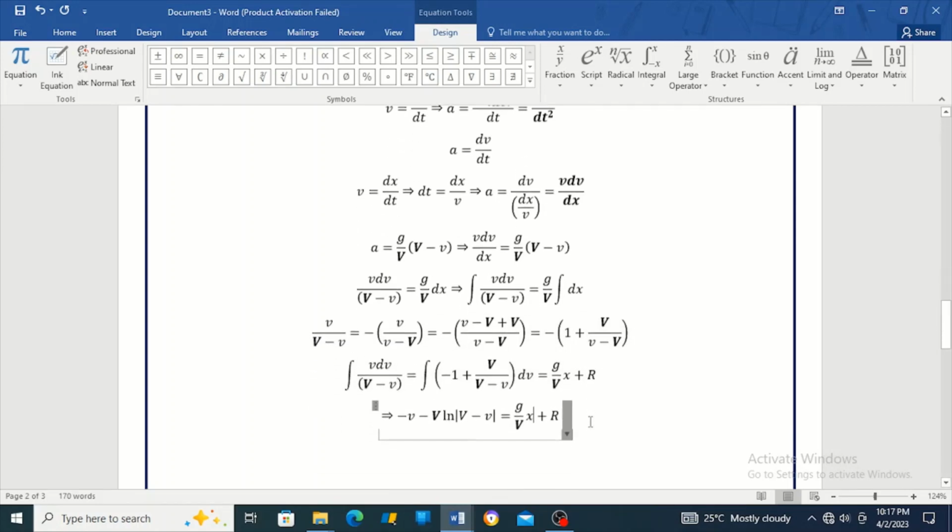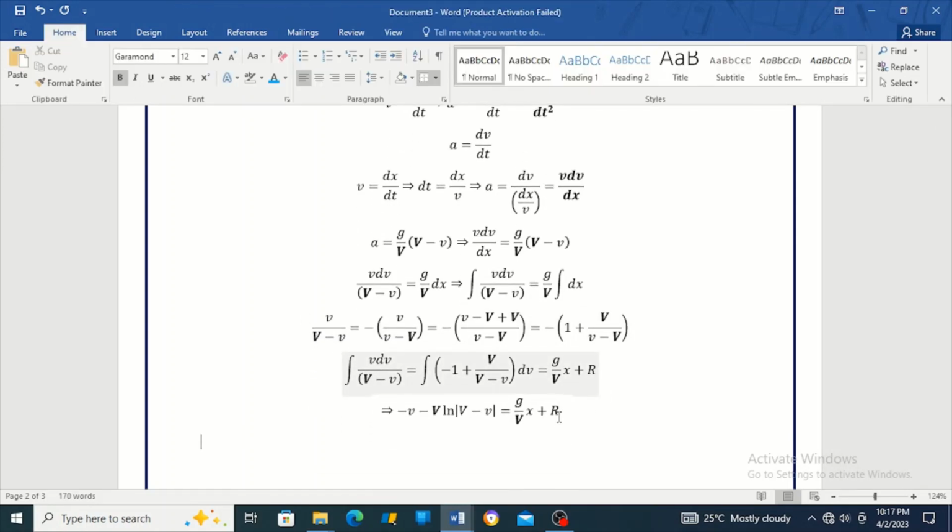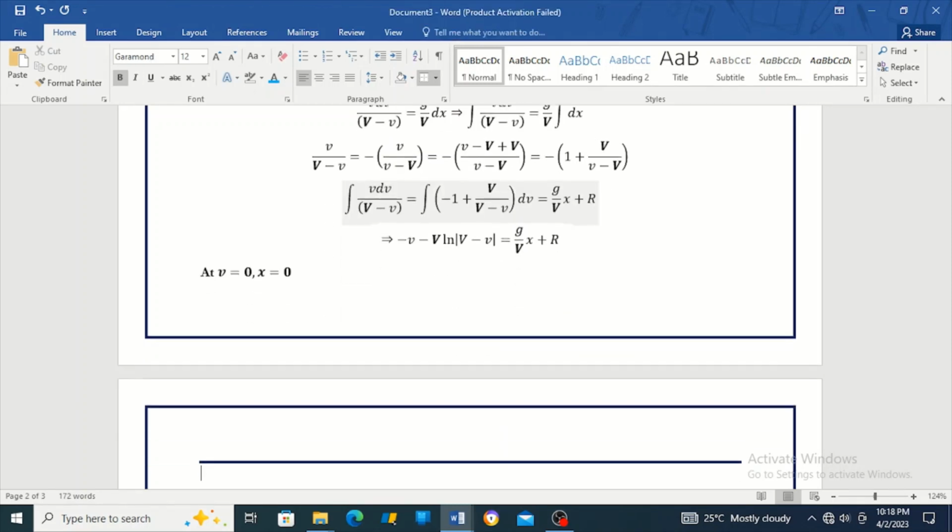Alright, now we need to look for r, and we know that initially at v equal to 0, our x is equal to 0. That's initially.